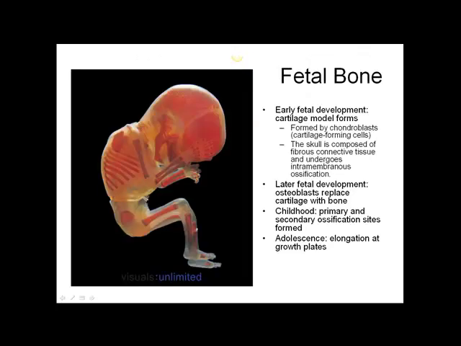So let's begin in the fetus. I love this picture. You can see here's the humerus, the radius, the ulna. You see the little metacarpals here and the phalanges out here. These are all hyaline cartilage, and if you'll notice, the whole outline of the fetus is already set in stone here.